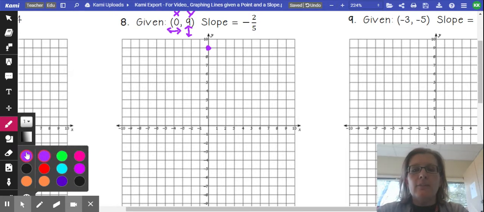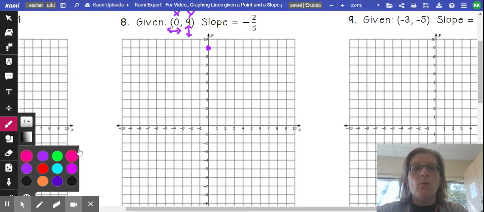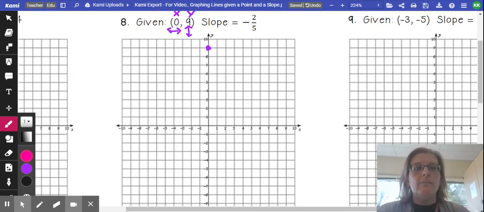The second step is to think about what slope means to figure out where the line goes. So our slope is -2/5. And I'm going to rewrite that as a -2 in my numerator over 5 in my denominator.